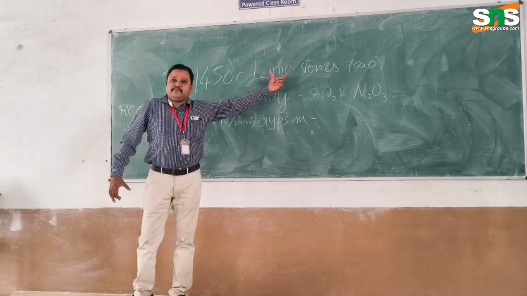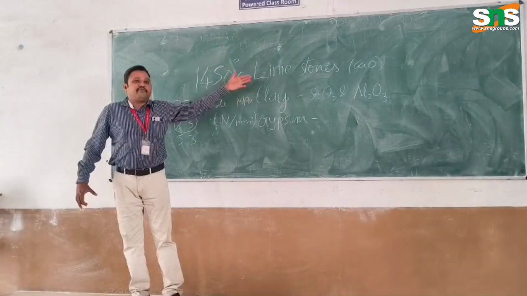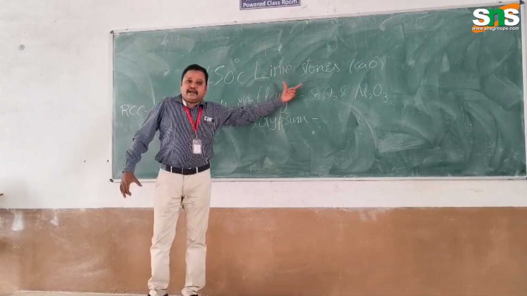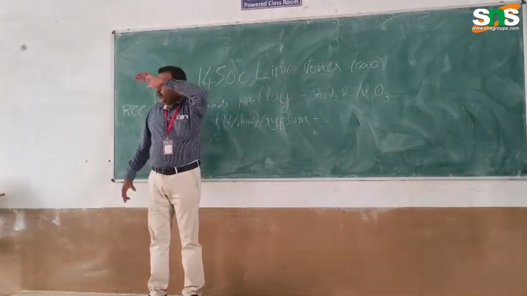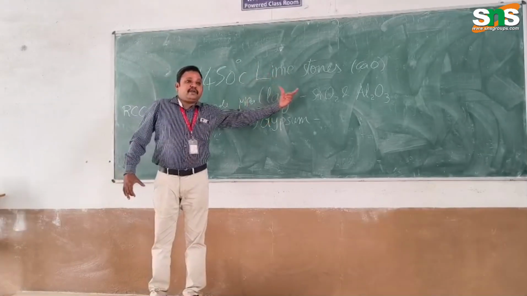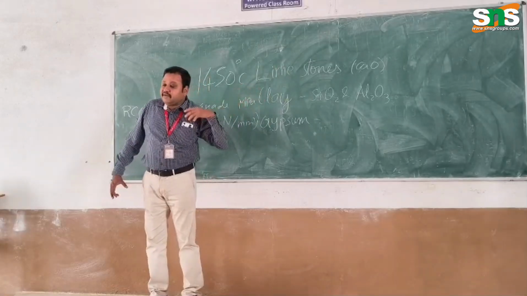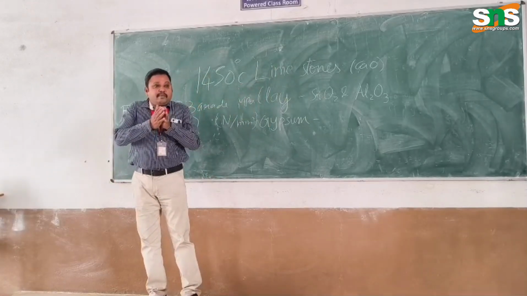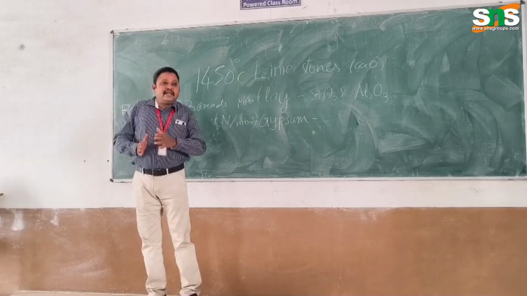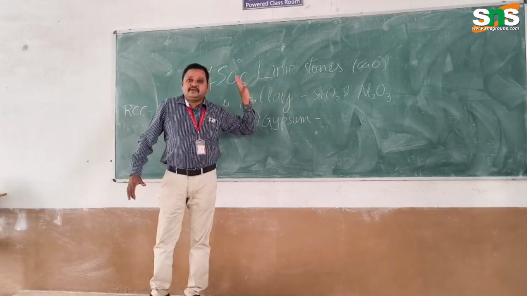White cement is normally used for plaster of Paris, and colored cement is used for wall coloring. And the next cement, expansion cement, is used where cracks develop, to arrest the cracks. So these are the special cements. Okay.